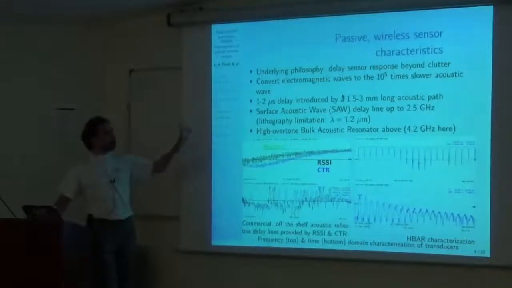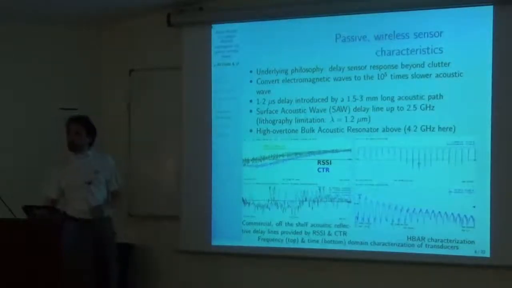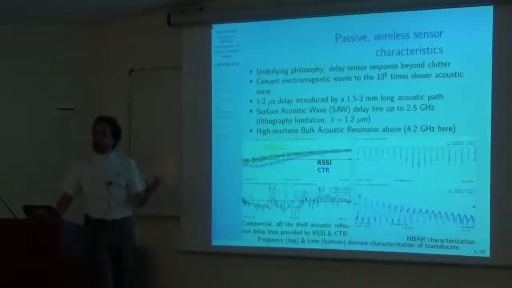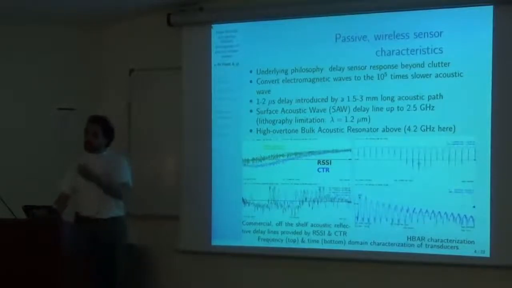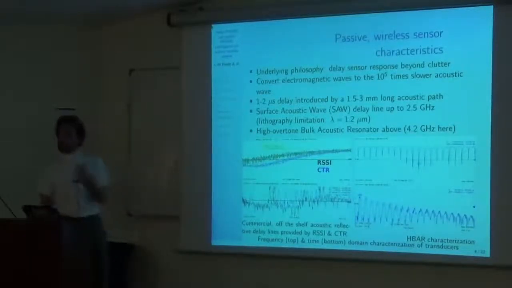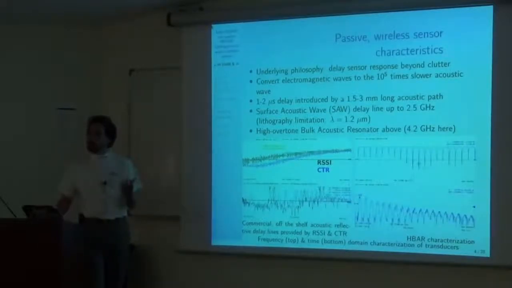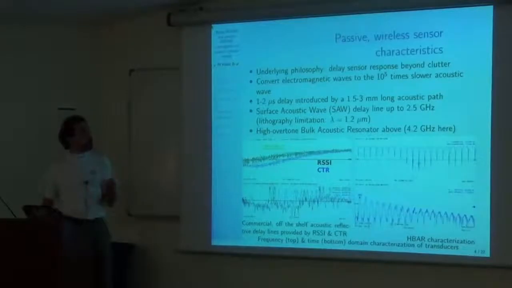So just to briefly show you what we're doing in Fem2ST. For those of you doing hardware, we've seen a bit of electronics. You might know that when you want to do some very sharp filters, some fancy signal processing, there is one technique that converts the electromagnetic wave into an acoustic wave, a mechanical wave. The rationale is that acoustic waves are 10 to the 5 times slower than electromagnetic waves.